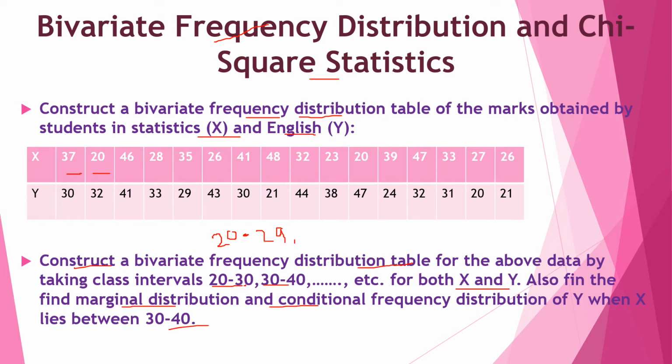Secondly, we have 30 to 40, so we go with the class 30 to 39. Next, we have 40 to 49, and so on.